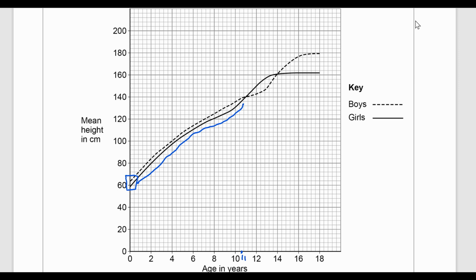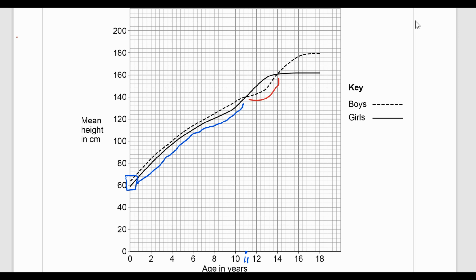What we can see that happens at 11 years though is that the lines cross over each other. So that means that at 11 years they're actually the same height. And we can state that height if we need to, 140 centimeters. But after 11 years, we can see that the height of girls is greater than the height of boys. So we can say that after 11 years, girls are taller than boys.